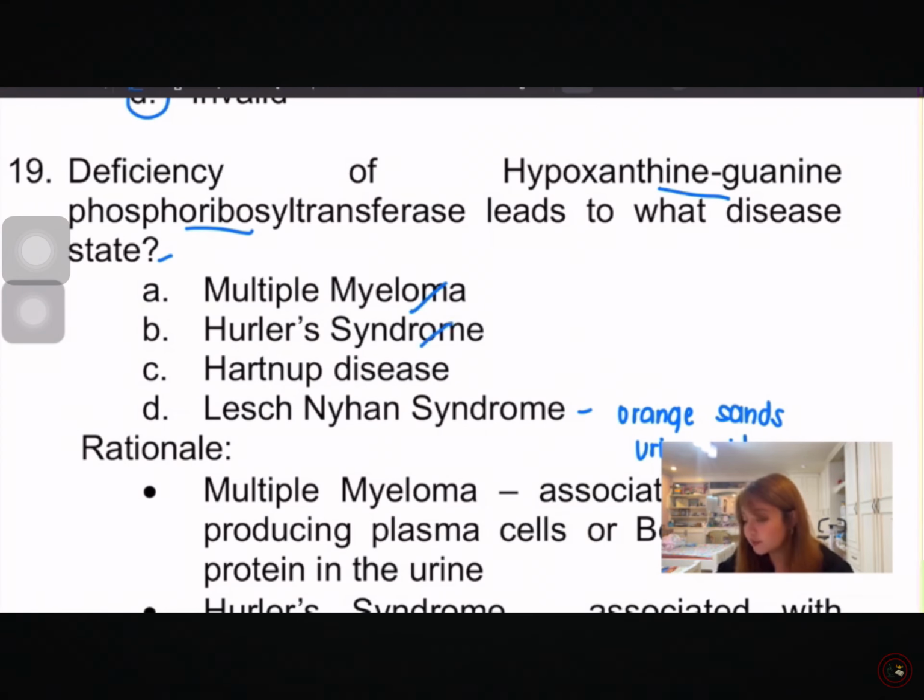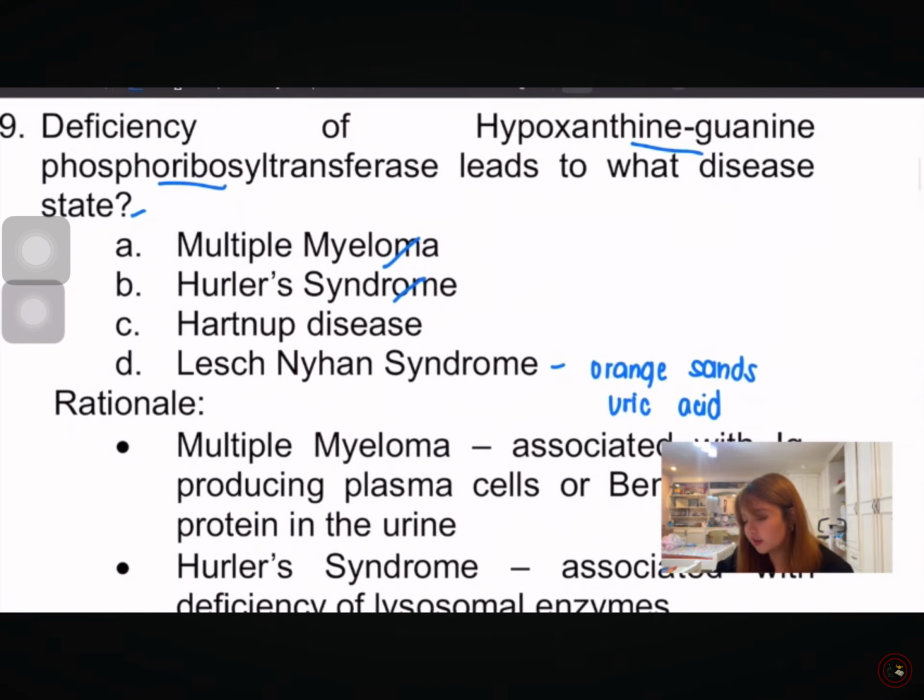Sa Hurler syndrome, this is an example of mucopolysaccharidosis na merong lysosomal enzyme deficiency. And Hartnup disease naman is yung deficiency sa amino acid tryptophan, and this causes blue diaper syndrome.